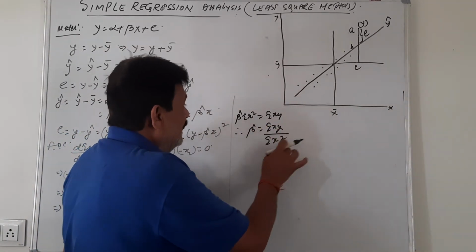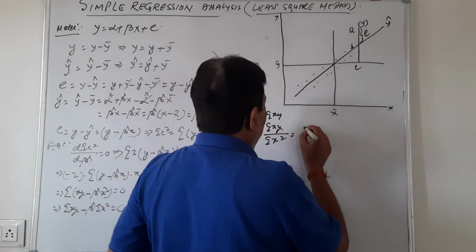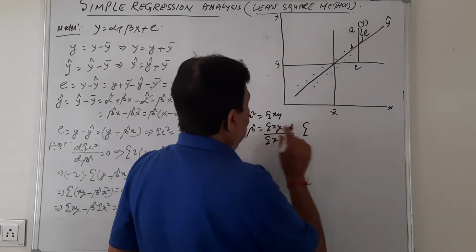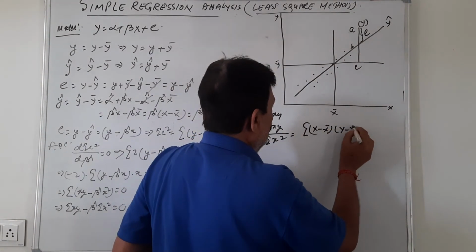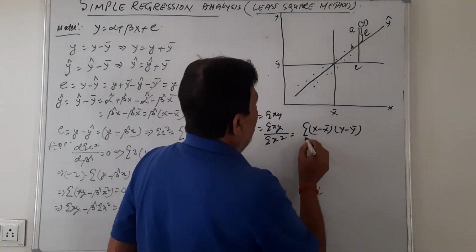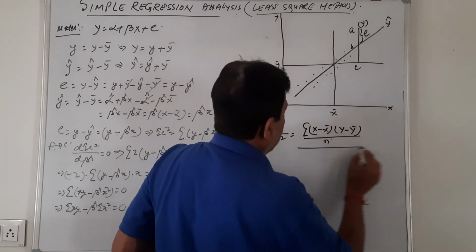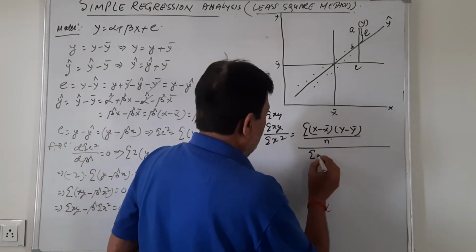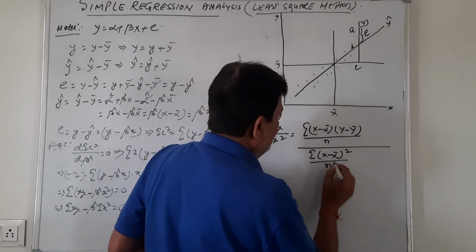Now this formula could be expressed in the form summation of x minus x bar, y minus y bar, divided by n from our own side. Denominator summation x minus x bar square divided by n.